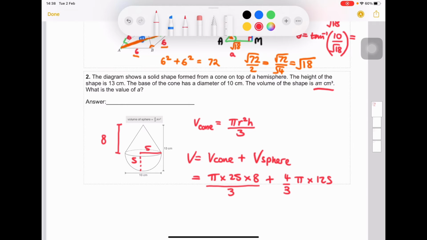But this is a hemisphere, so we need to divide all of that by 2. So I'll just write divided by, change this to a 6. Now we've divided it by 2.